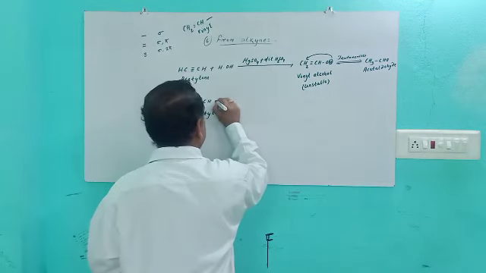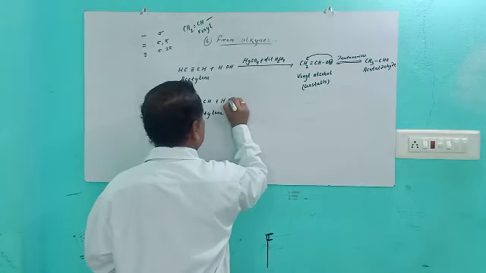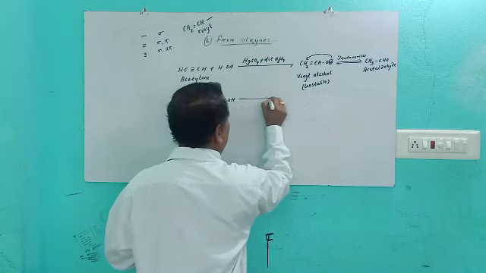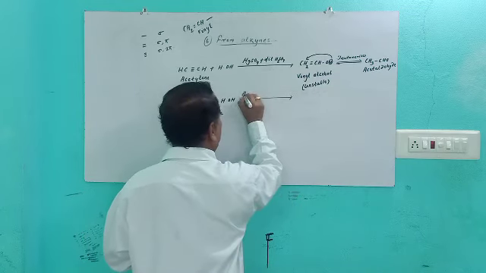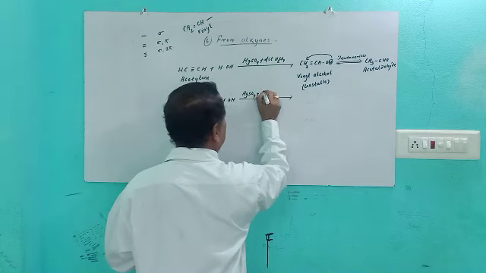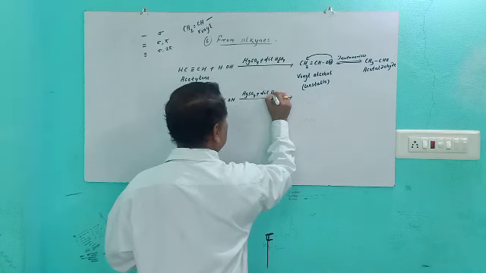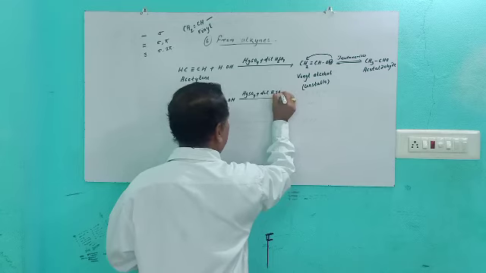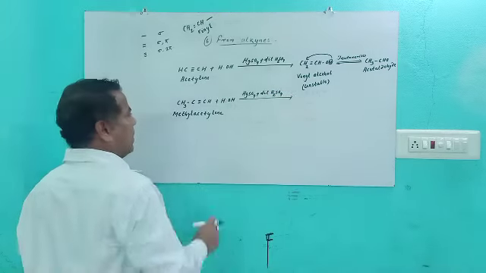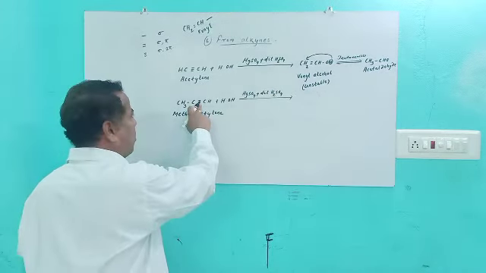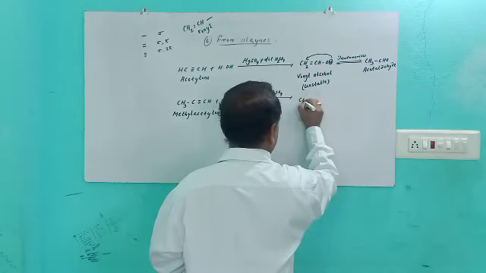When methyl acetylene is hydrolyzed, HOH, in the presence of acidified mercuric sulfate solution, that is HgSO4 plus dilute sulfuric acid, dilute H2SO4, then this triple bond breaks to form CH3.